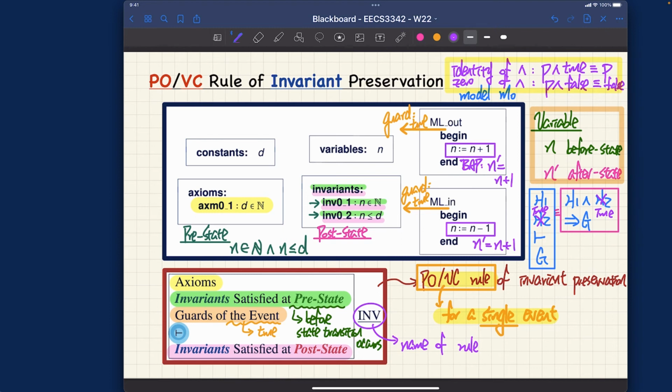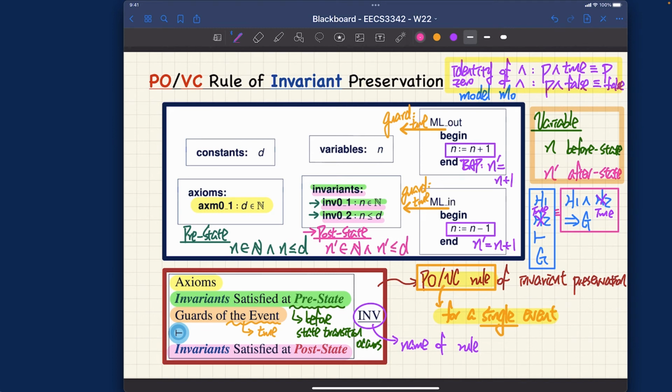So let me now get to the post states. If I want to evaluate the same invariant in the post states, first of all, I want to make sure the post-state value of n, which will be n prime, is a natural number. And also, the post-state value for n, which is n prime, is less than or equal to d.